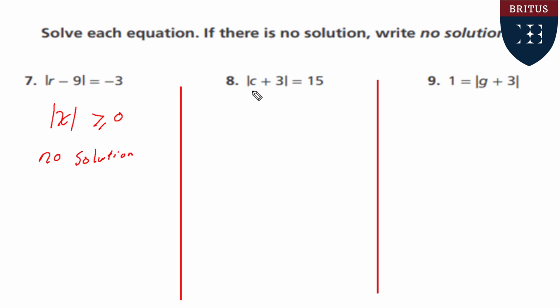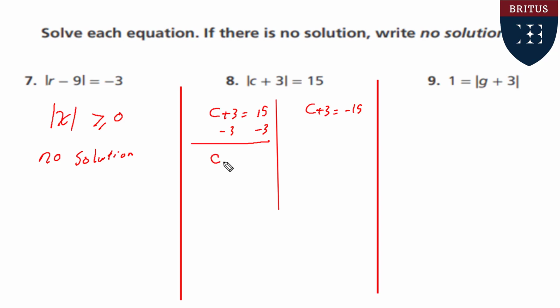To solve absolute value of c plus 3 equals 15, maybe the expression c plus 3 equals 15 and negative 15. Just cut your paper into 2 halves and write the two equations. C plus 3 is equal to 15. C plus 3 is equal to negative 15. Subtract 3 from both sides.